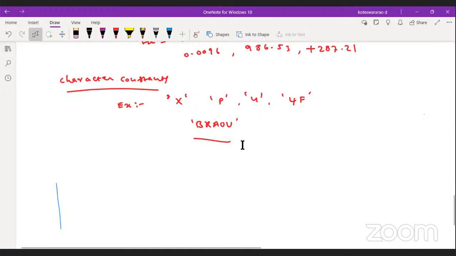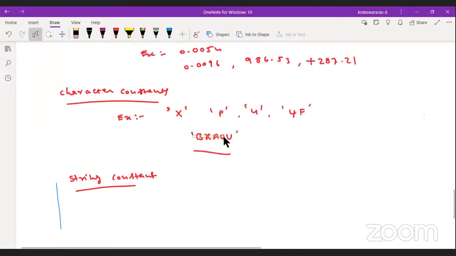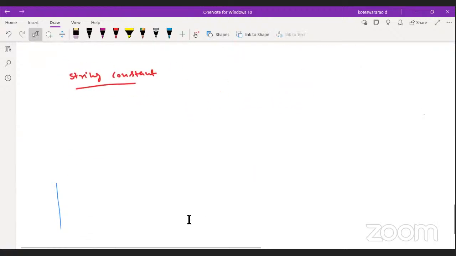Next, string constant values. A sequence of characters enclosed in double quotes is called a string constant.